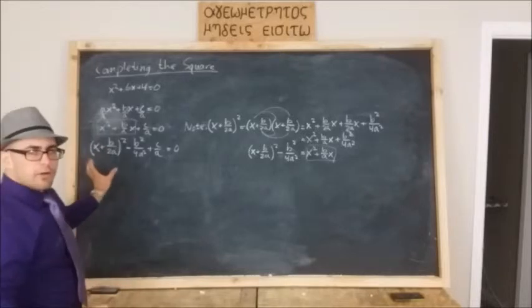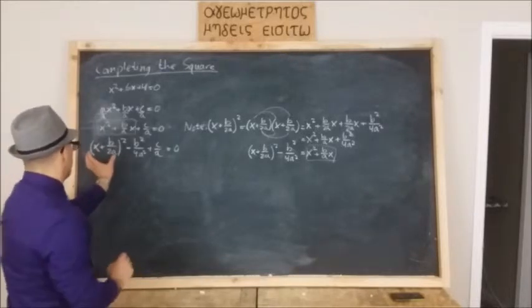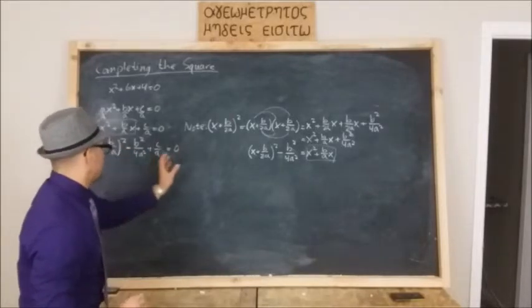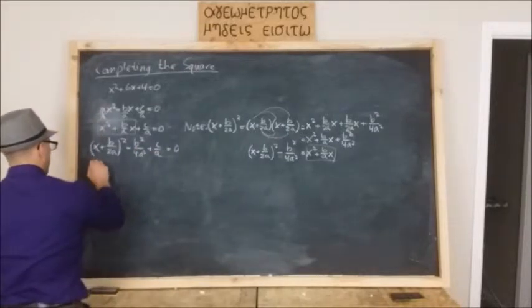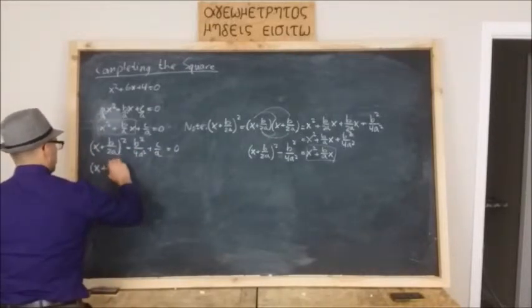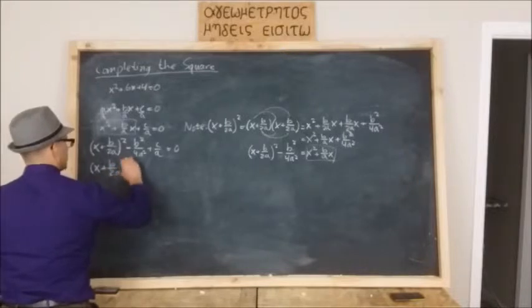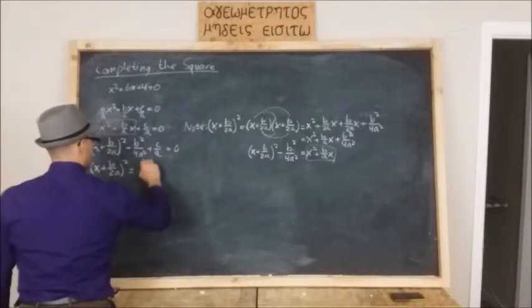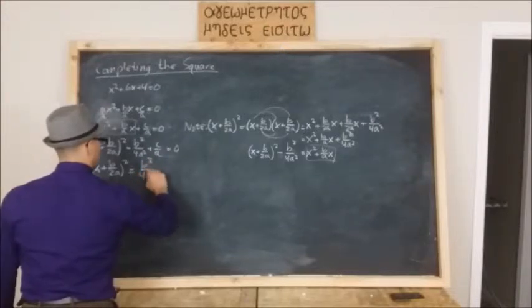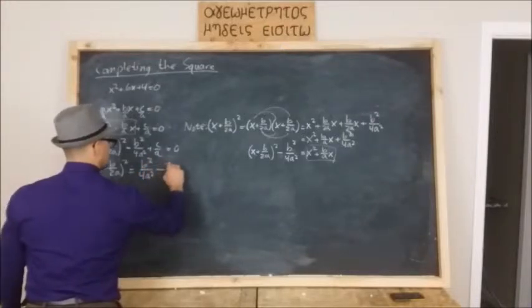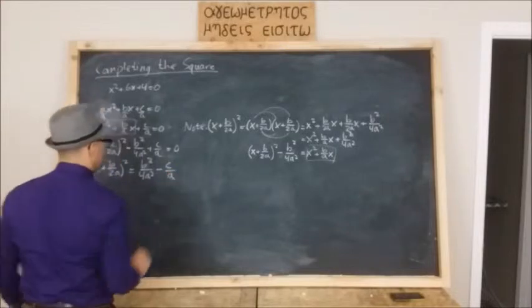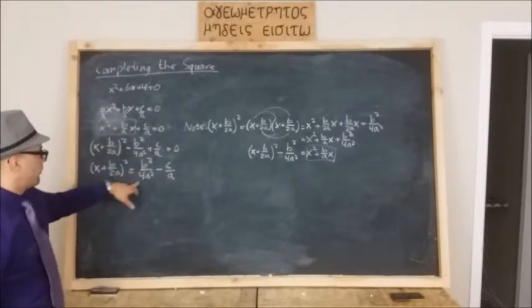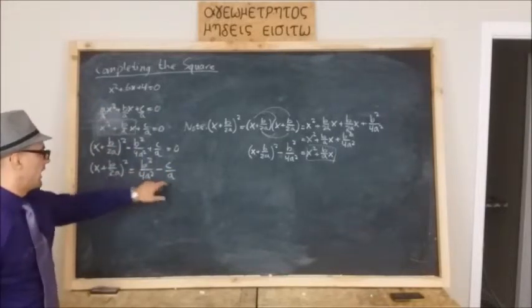Now, I'm trying to solve for x, so let me move everything else that I can over to the right-hand side. X plus b over 2a squared is equal to b squared over 4a squared minus c over a. Well, b squared over 4a squared, c over a.